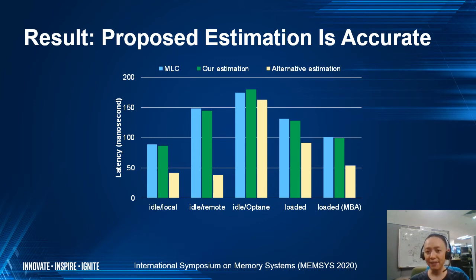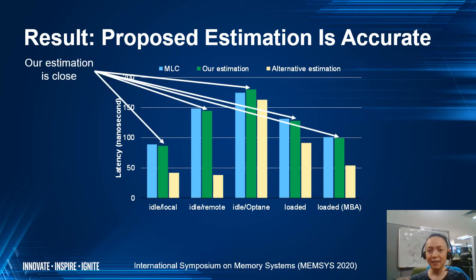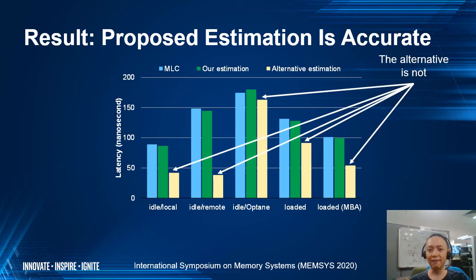Here we show the experimental results. As we can see here, our estimation is close to the ground truth reported by MLC in the 5 scenarios. The alternative estimation, however, is not. There are multiple reasons. First, the alternative estimation looks at the memory controller level.